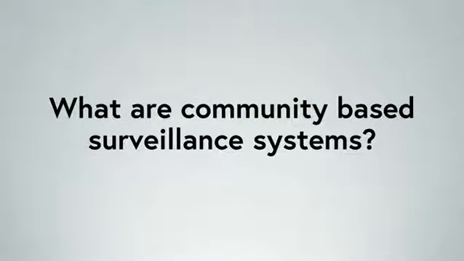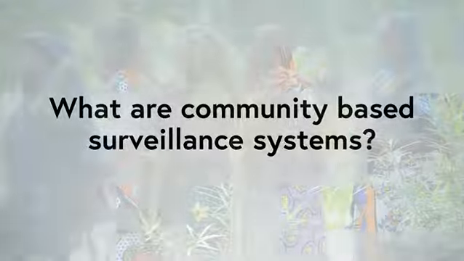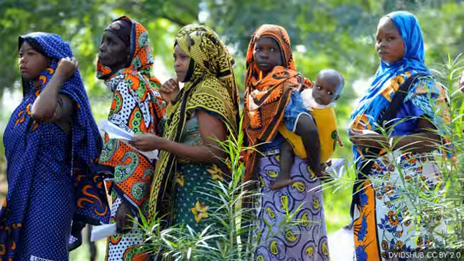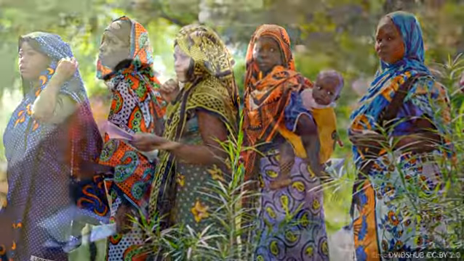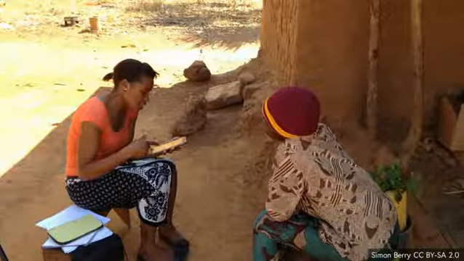Community-based surveillance systems are an extension of health systems surveillance. Community-based surveillance is really about providing a communication channel for the communities back up into the health system for when something unusual has occurred. Communities know when something's going wrong in their own environment, but often don't know who to tell, or it takes some time to find the right person that can assist in terms of an outbreak investigation or an immediate response.